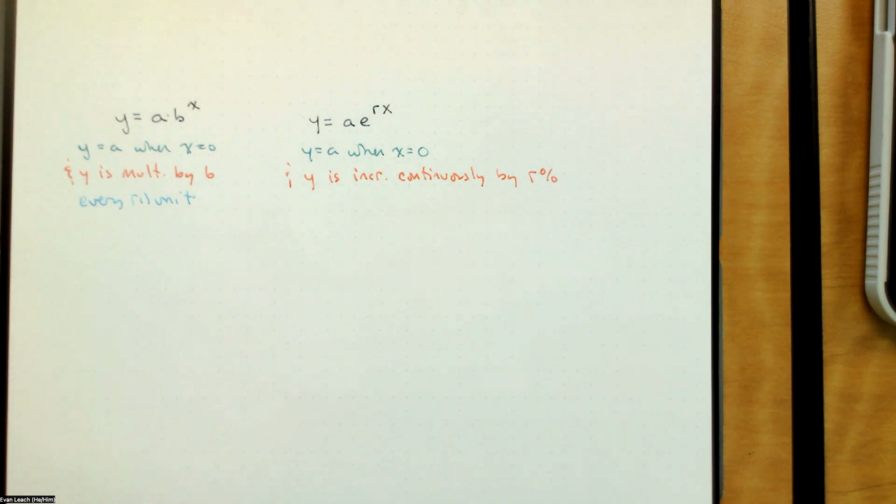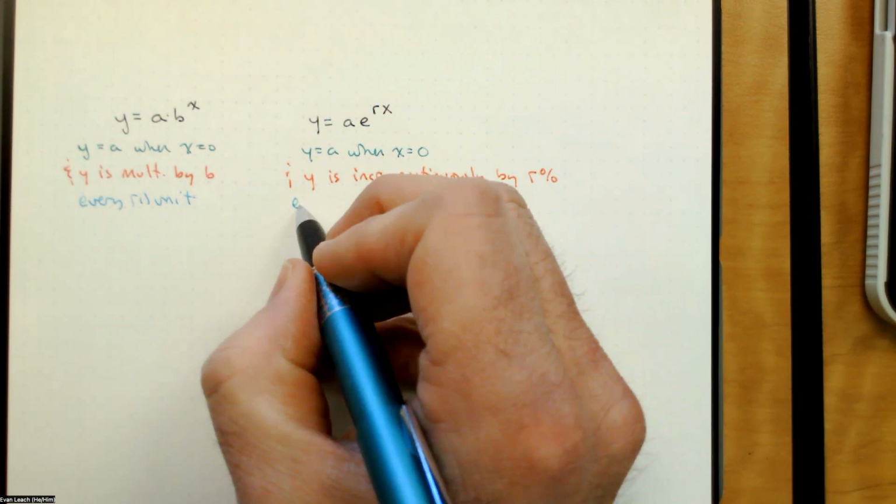I said increasing, and this is an exponential function, so the increase is by a percent, but it's a continuous increase of r percent. And this is still happening every 1 year.